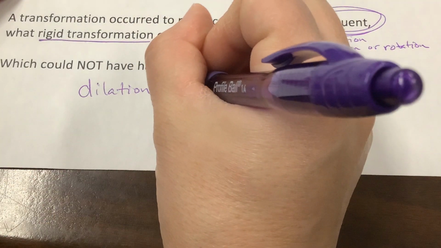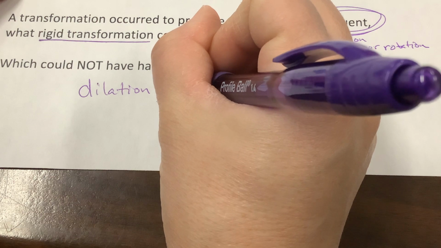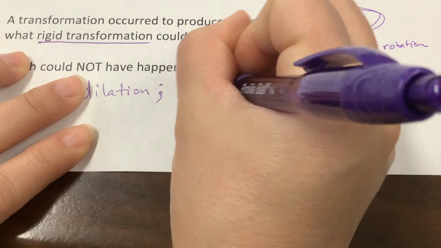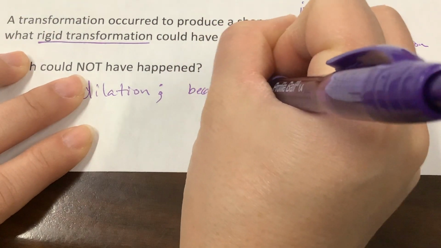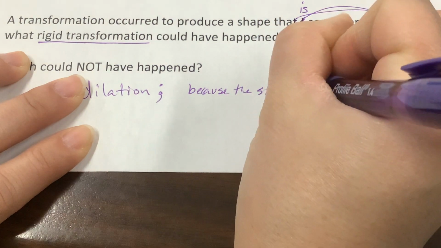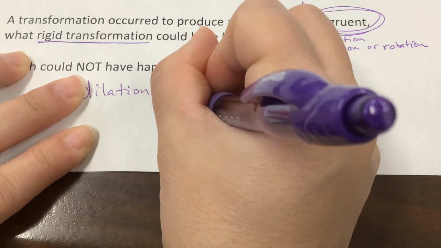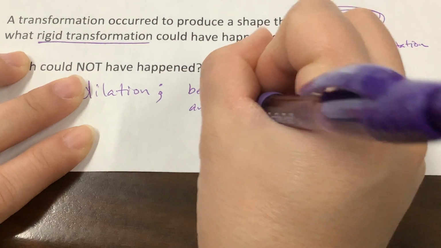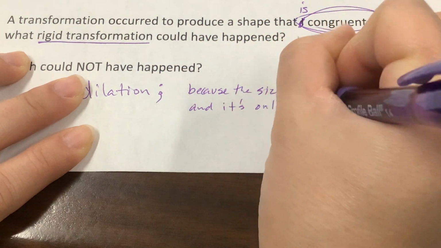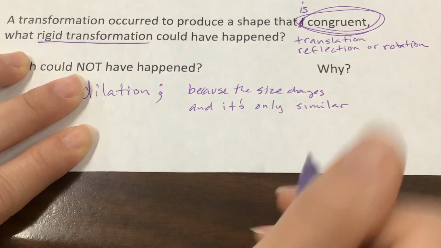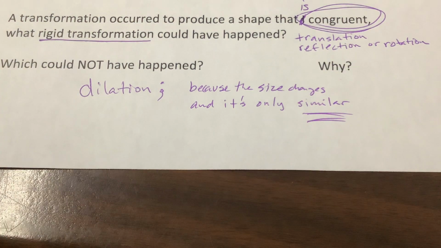It's not congruent. Okay, so because the size changed, and it can only be similar at that point if it's a dilation. Dilations cannot be congruent.